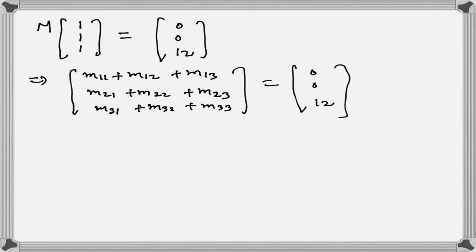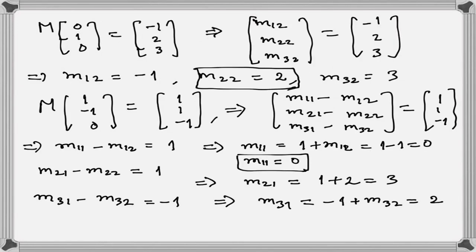From the previous slide I know the values of M31 and M32. Yes, M31 is 2, M32 is 3.